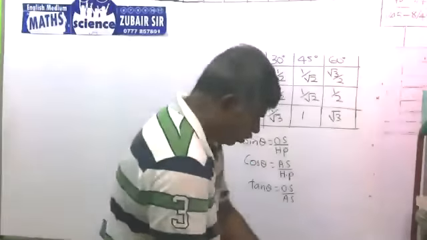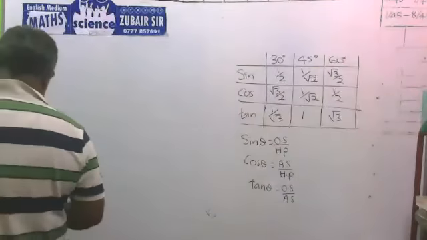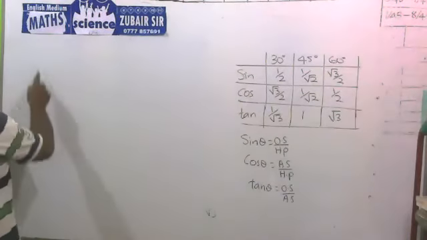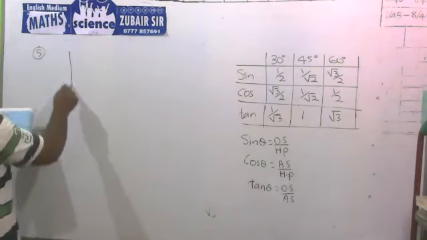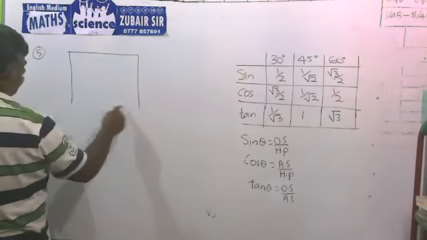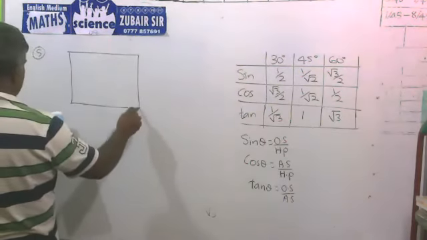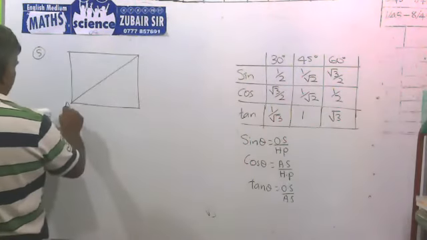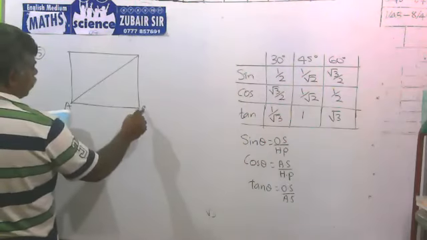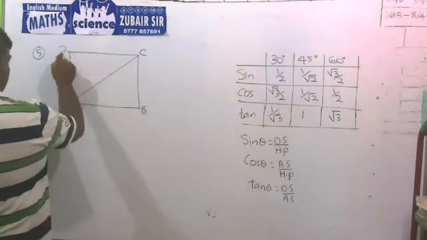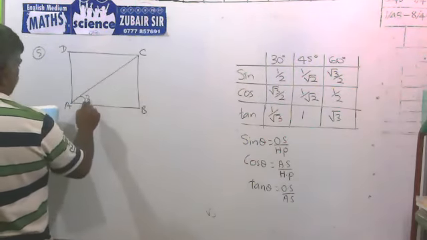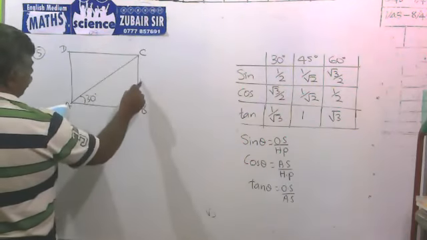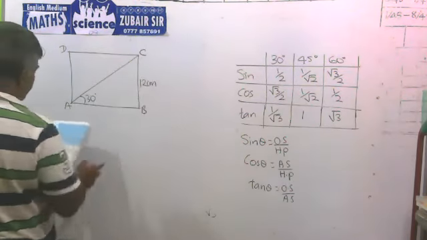So we'll see another question, question number 5 also. In that one rectangle is given. In this rectangle, one diagonal is connected like this. Then ABCD, this much is given 30, this much is given 12 centimeter.